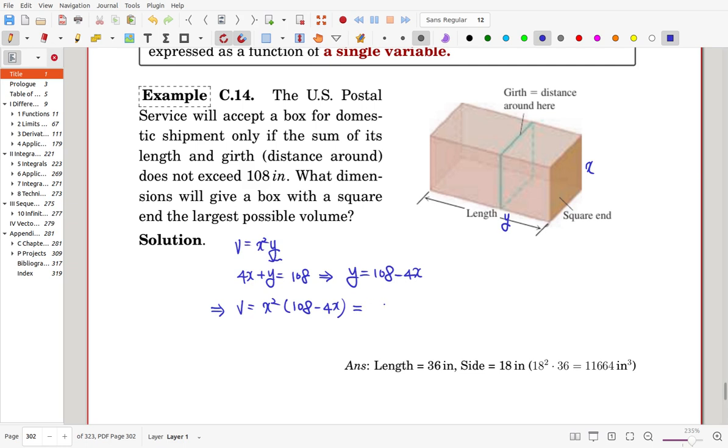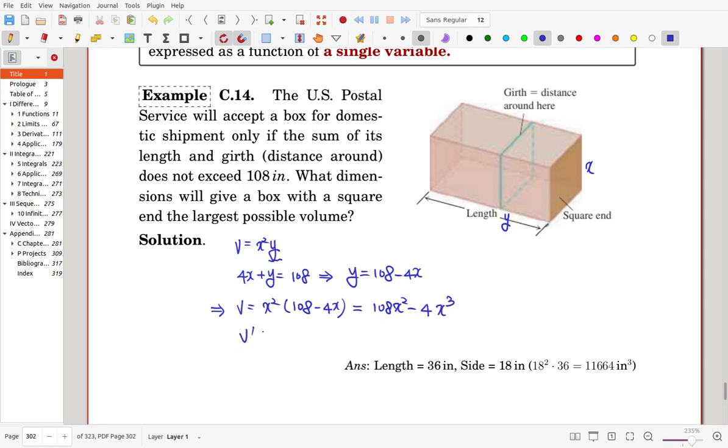So let's rewrite: 108 x squared minus 4x cubed, right? Okay, so we have to optimize that.